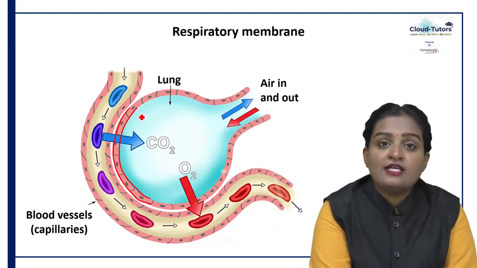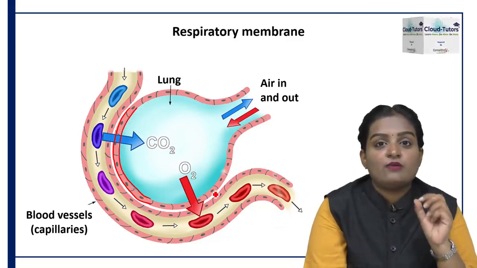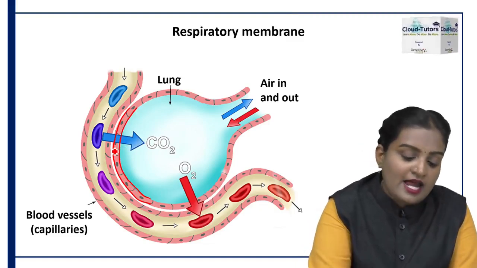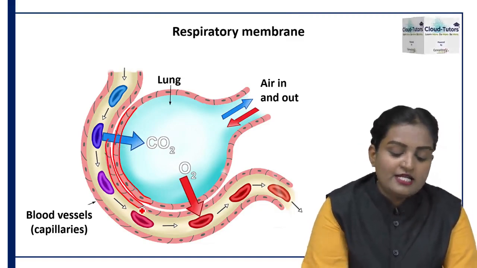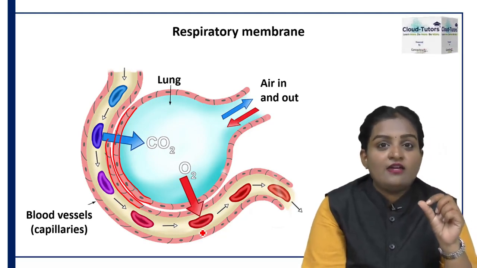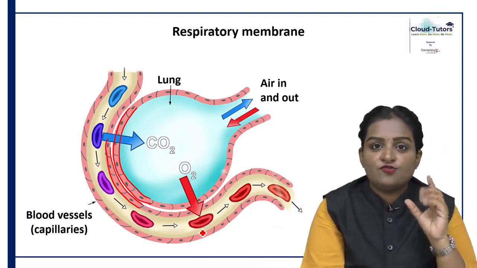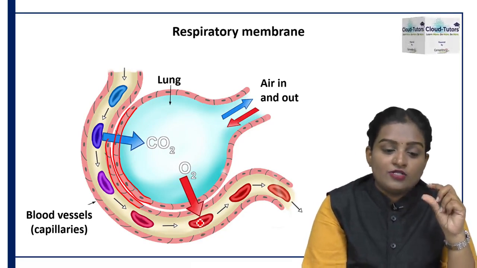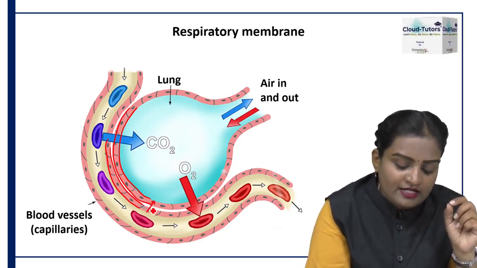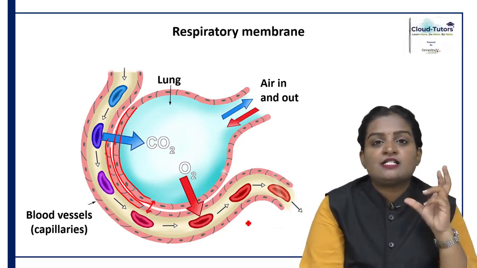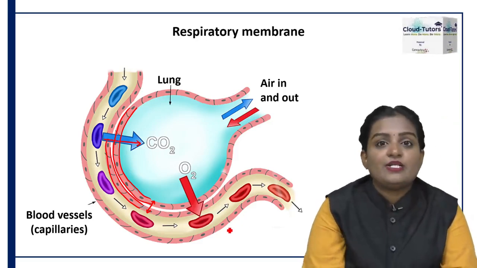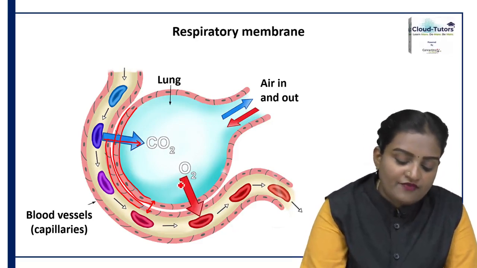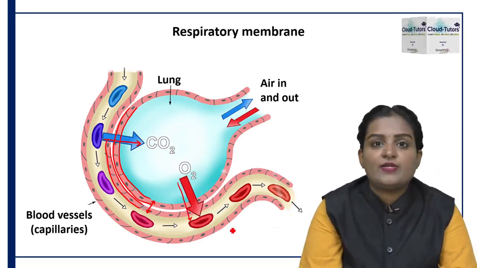The alveolar membrane is also made up of a single cell layer, and the capillary is also made up of a single cell layer, and between these two we have the connective tissue, areolar tissue. So this membrane is so thin that it can allow diffusion of carbon dioxide out of the capillary into the alveoli and diffusion of oxygen into the capillary.